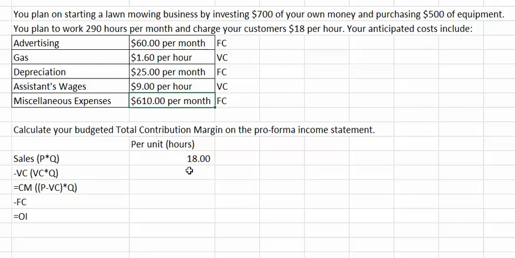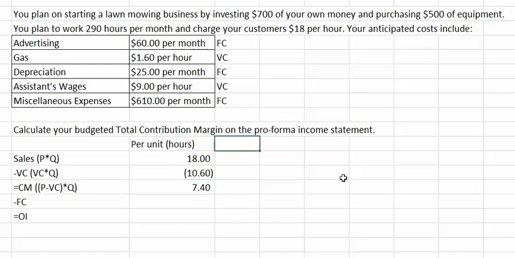All right. Now, I'm going to figure out my variable costs by adding those, and I'm going to make them a negative. In other words, these get subtracted from your sales. So I've got $1.60, and I have the 9. So $10.60 is going to be subtracted. The difference is my contribution margin. So in this example, it's $7.40 per unit.